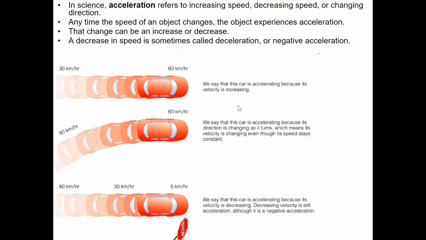So in science, acceleration is an increase in speed, a decrease in speed, or you're just changing the direction that you're traveling. I struggled with this in 6th grade when I learned this.